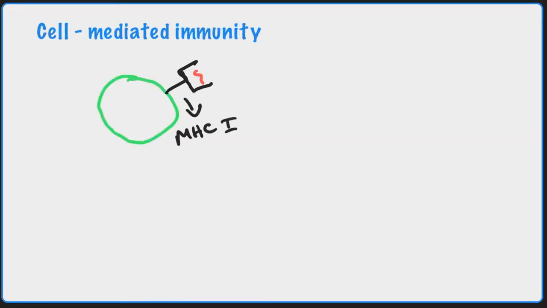Now, let's briefly talk about cell-mediated immunity and how a cytotoxic T cell is triggered to be activated. This is actually really complicated, so I'm going to go through a very basic overview of how this works. So first we'll start with a cell. And remember, this can be a body cell or an antigen-presenting cell as long as it is displaying an MHC1.